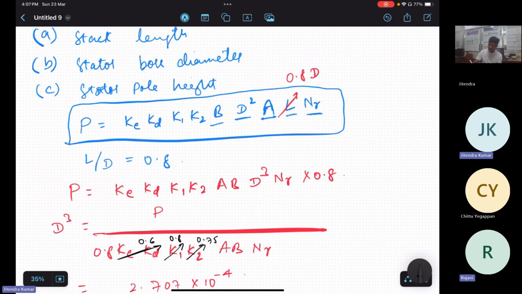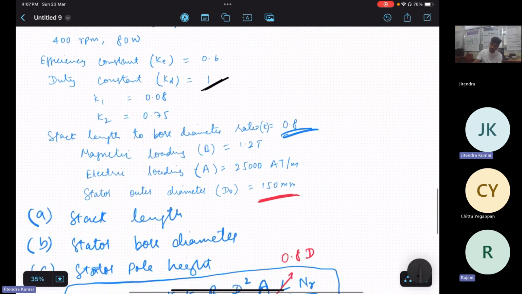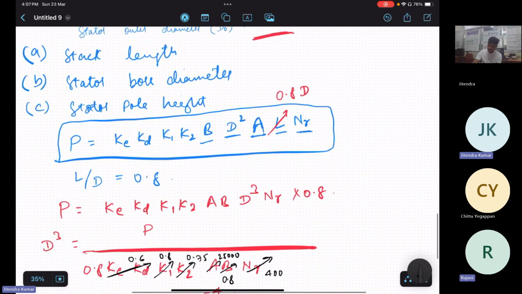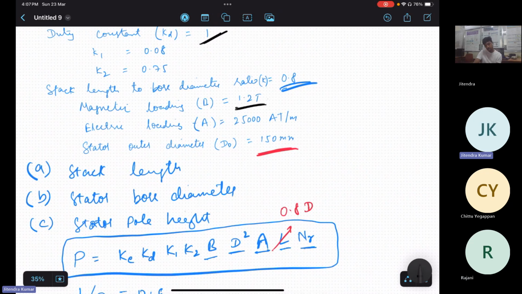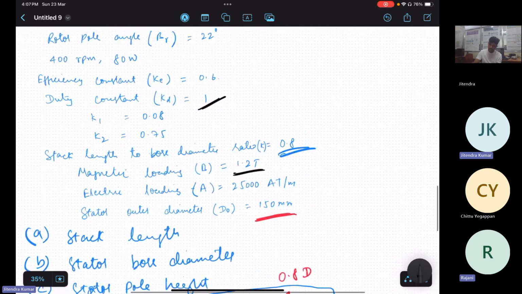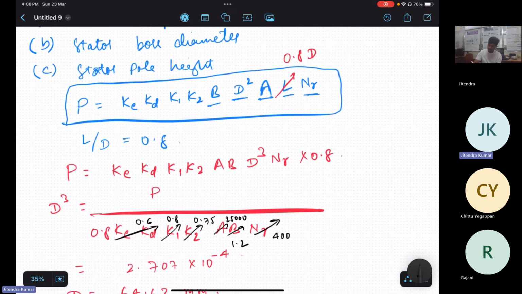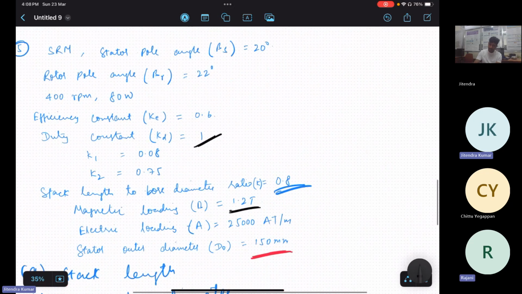A is 25,000, B is 1.2, NR is 400, and power is 80 watt. K1 is 0.08.